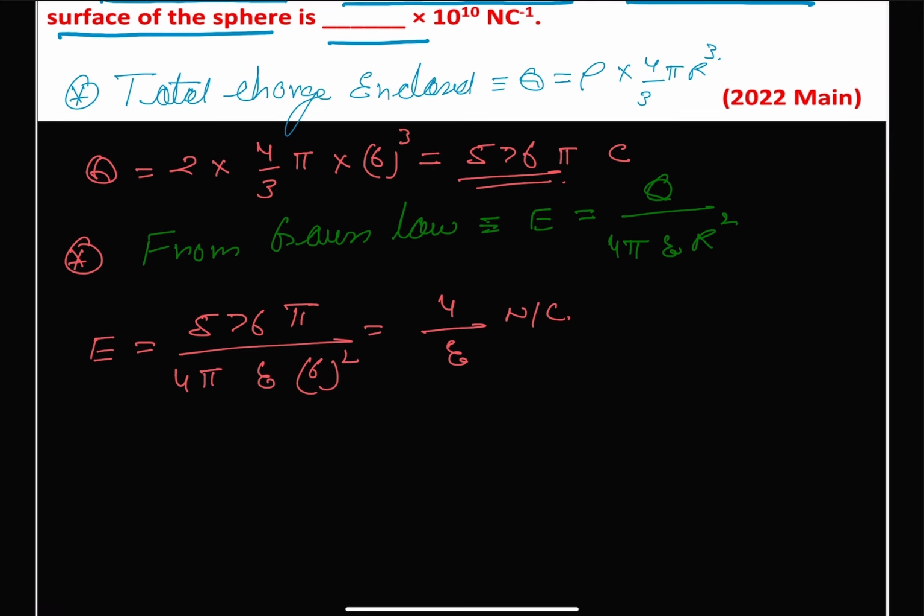You can see the electric flux per unit area is E, which is 4 upon epsilon naught.